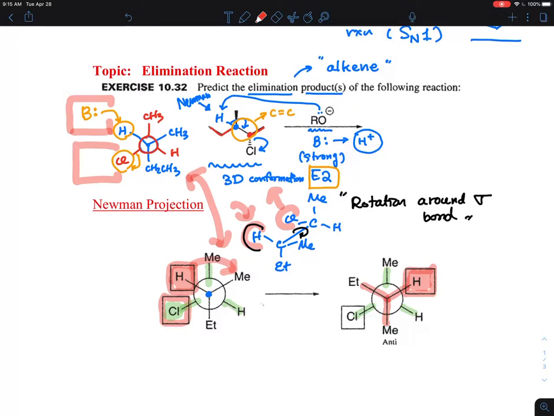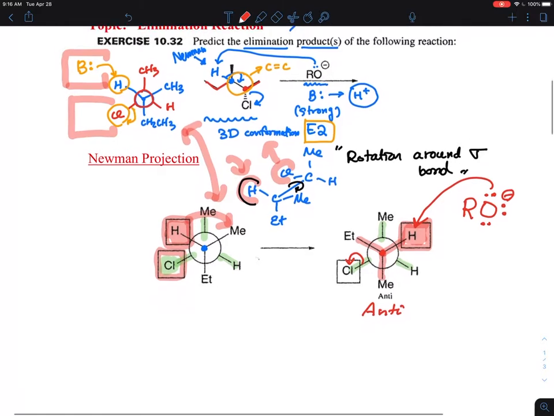There is a little notation here. It says anti, and the anti is because of the alkoxide, which is the base. Now this one likes to go and take the hydrogen away from here, and then make this one a good leaving group, and you are forming the double bond between the front carbon and the back carbon.